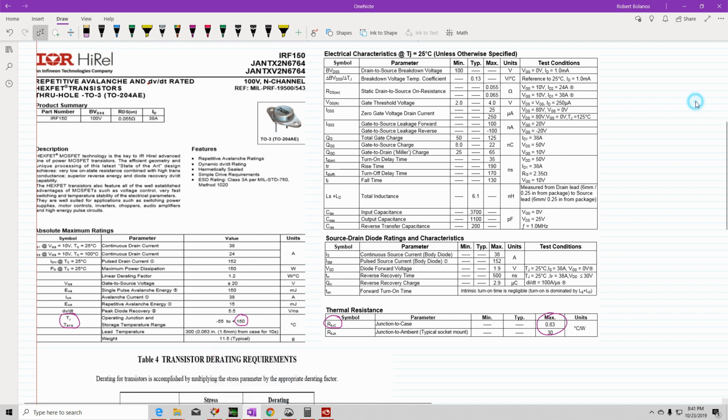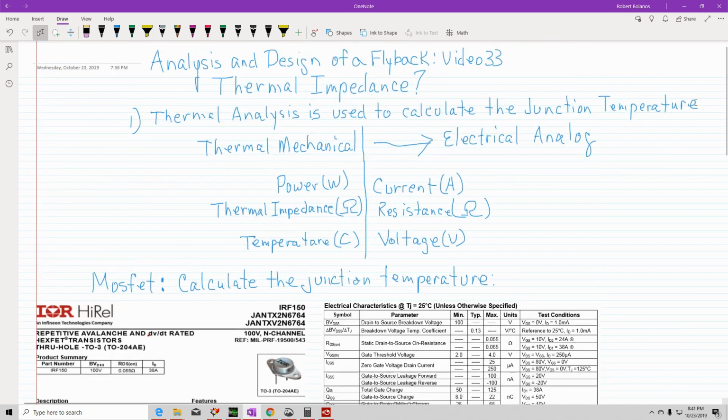So if you get, let's say, 2.3 watts, then you do a current source of 2.3 amps. So in this case, we could put 2.3 amps, and then we ground that.